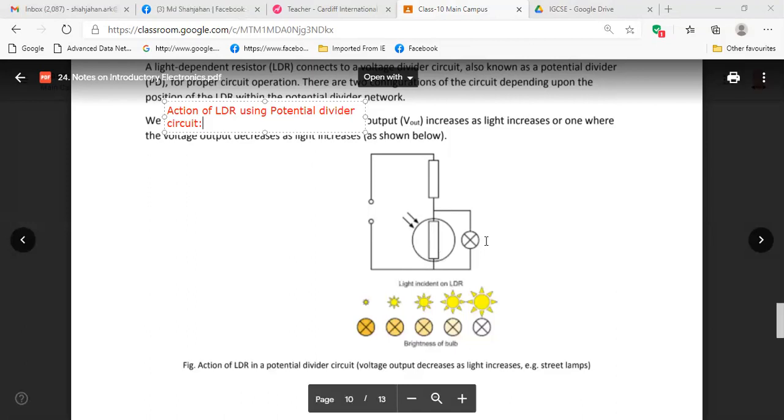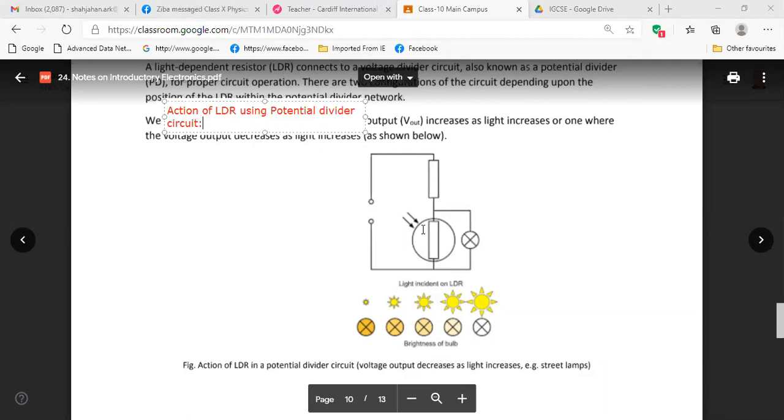I am saying that like before we saw that if we are getting more output, if we have darkness, that means light is less, isn't it, at night? If we have less light, then we are having more resistance for the LDR.